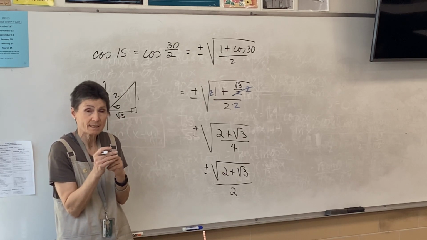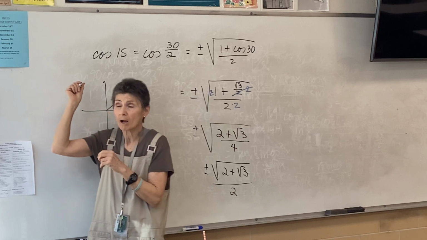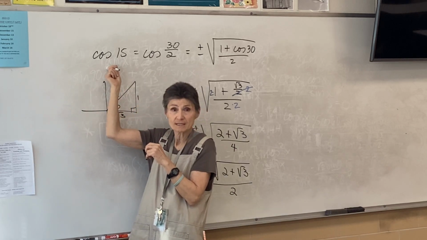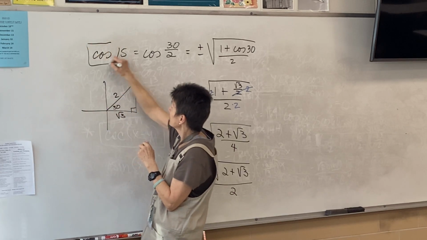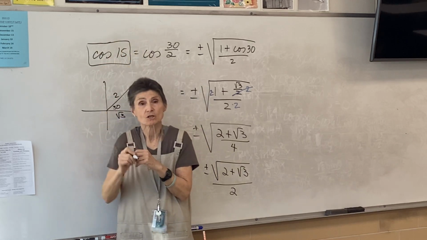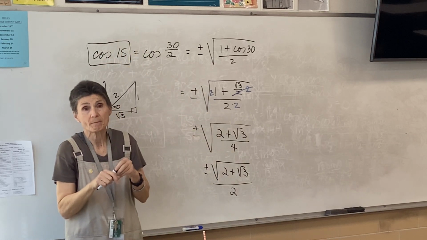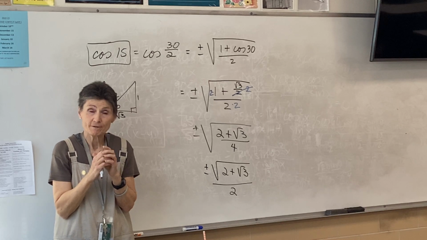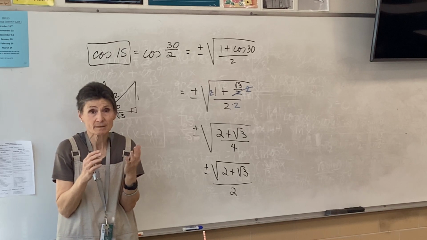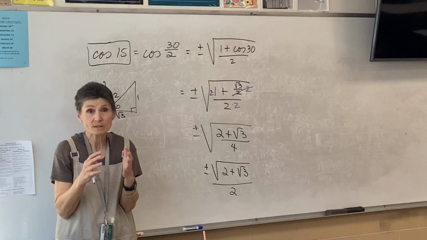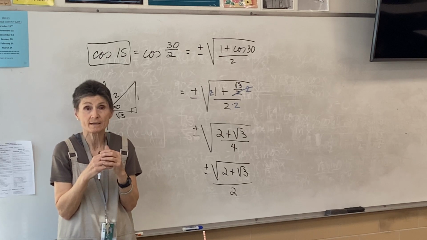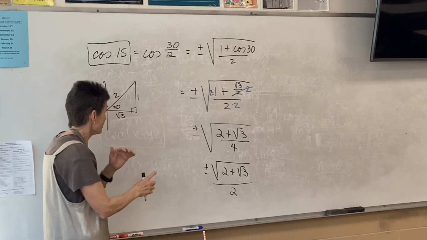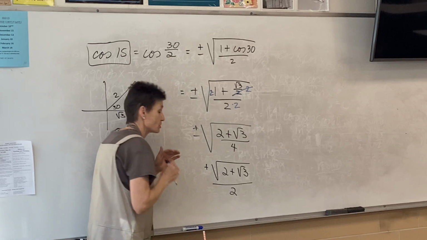Well, this one's easy. We're going to go back to the original problem, which is cosine 15. This is the problem that you are doing, you guys. Is the cosine of 15 going to be a positive number or a negative number? Well, 15 is in quadrant 1, isn't it? So the cosine of anything in quadrant 1 is going to be positive. So we're going to take the positive square root.